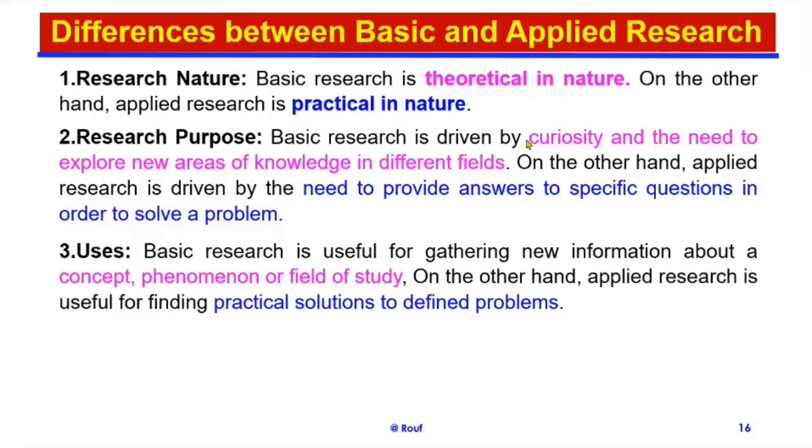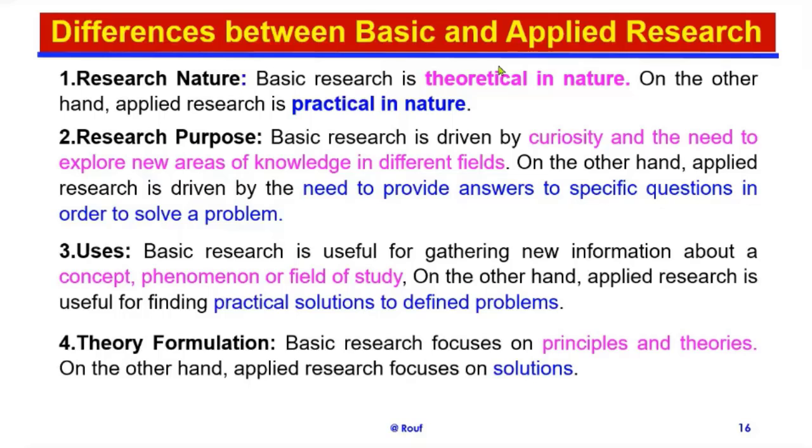Number 3, uses. Basic research is useful for gathering new information about a concept, phenomenon, or field of study. On the other hand, applied research is useful for finding practical solutions to defined problems. These are the key differences between the basic and applied research.